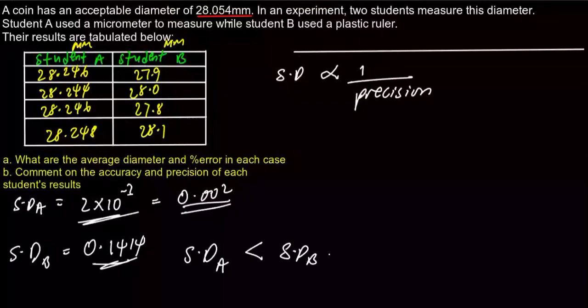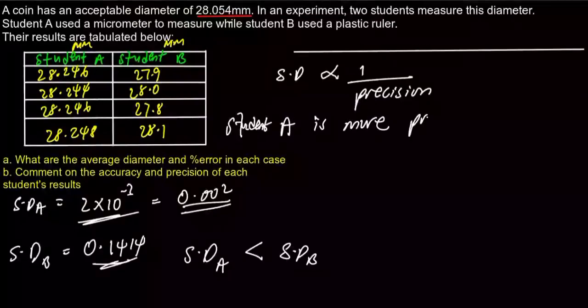Which one is more precise? Since the standard deviation of A is small, we can say A is more precise. Student A has high precision.